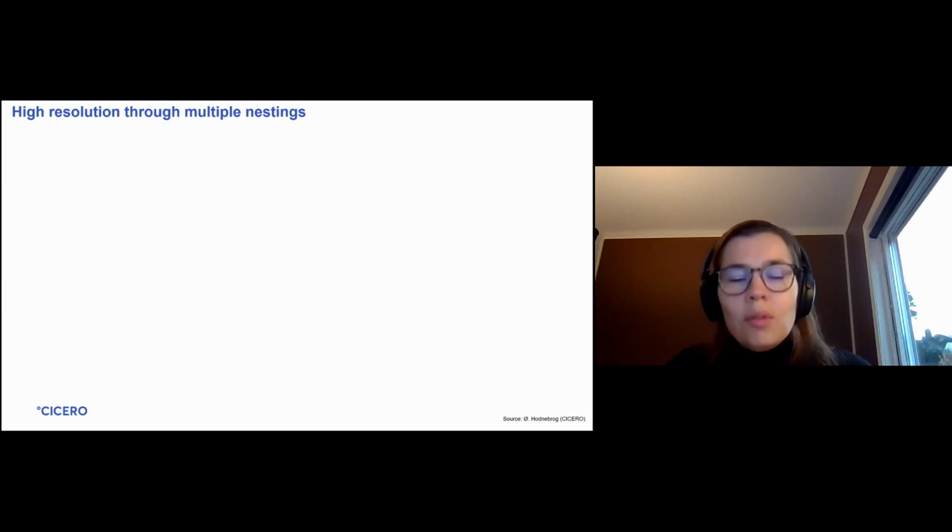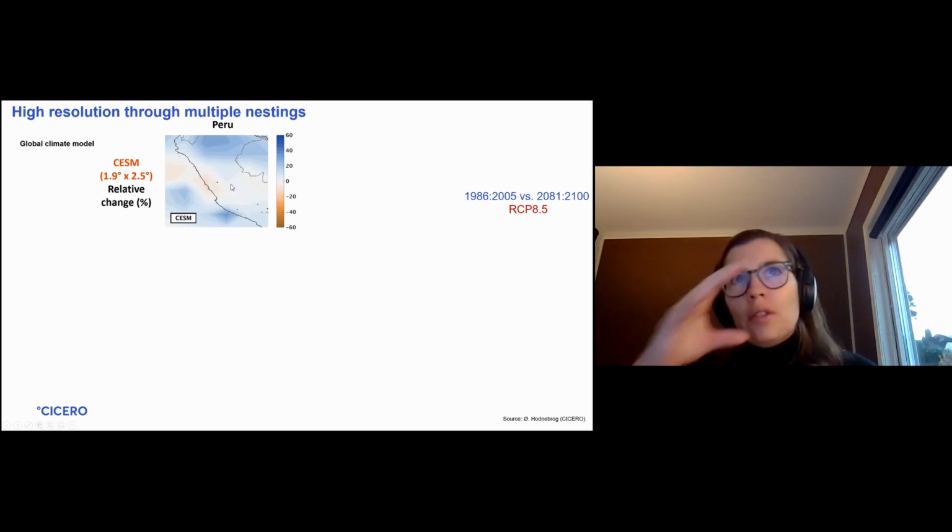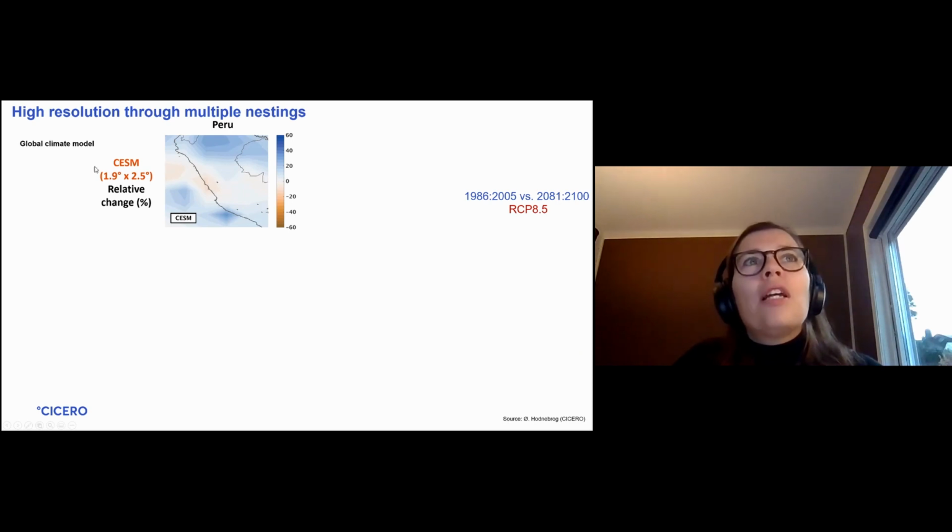I just want to give you a little example of the advantages of this technique. For example, look at the relative change in precipitation over Western Peru in a global climate model. Here you can see the changes, positive in blue and negative in red.